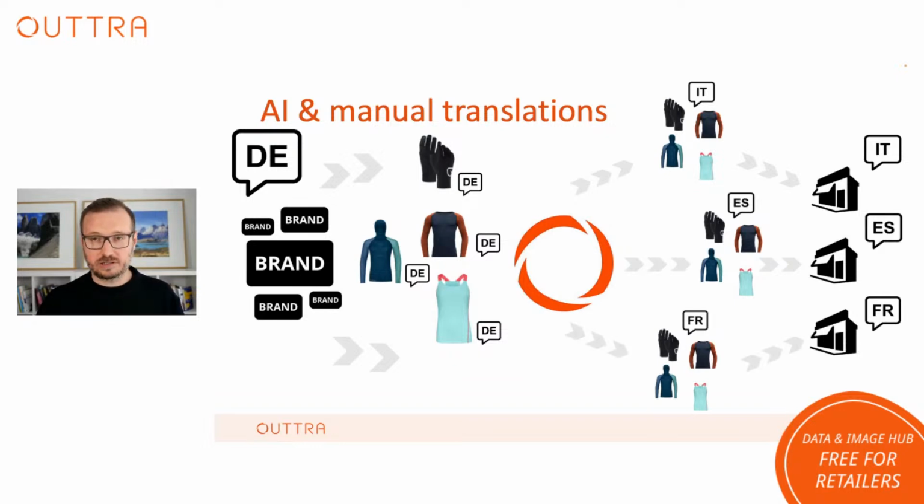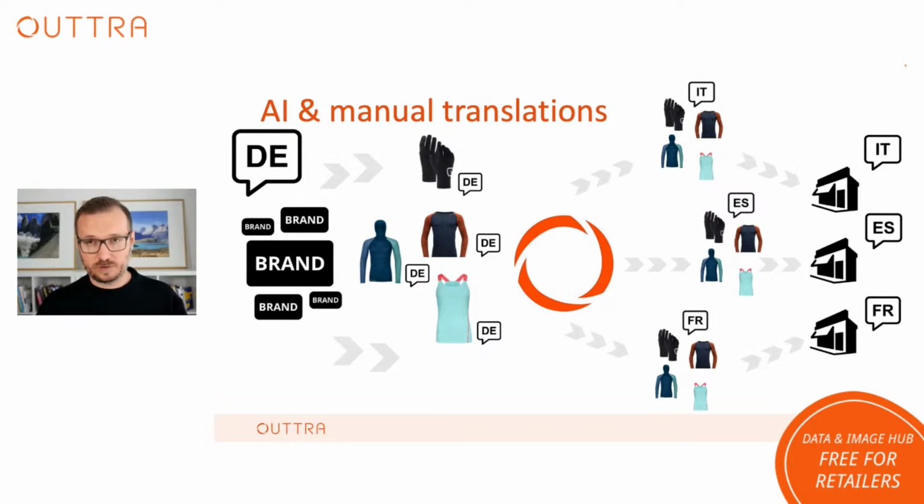This translation can be done on 3 different levels. The first level is an automatic AI translation. We use different AI systems in the background to do correct translations of your product information and product content into different languages. The second tier is the possibility to let a professional translator check these AI translations, so that you have an official translator looking over it.